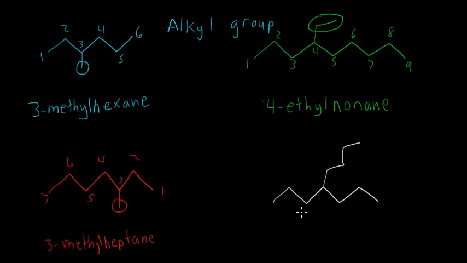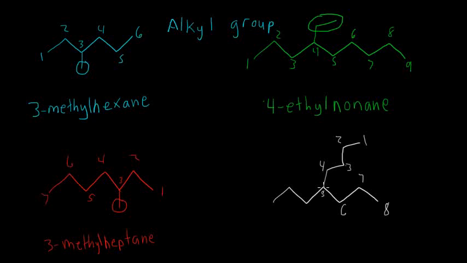So getting into the next example, again we're going to number the longest carbon chain. We have 1, 2, 3, 4, 5, 6, 7, or we could start over here 1, 2, 3, 4, 5, 6, 7, 8. I'll check the other side. 1, 2, 3, 4, 5, 6, 7, 8. Doesn't matter which side you go from. So I'm going to number this 1, 2, 3, 4, 5, 6, 7, and 8.